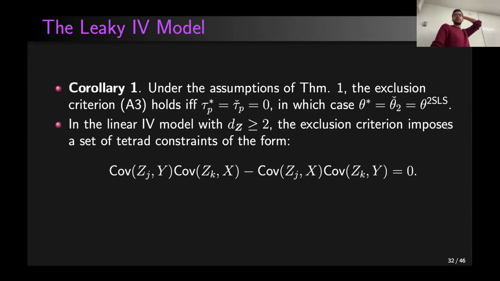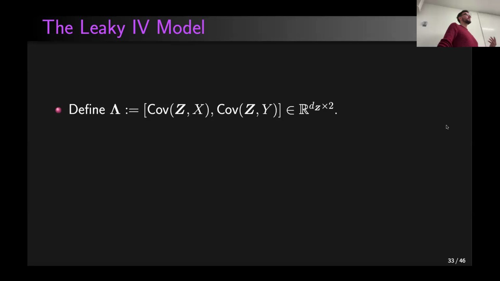So this is a well-known thing we're exploiting here, and that is that in the linear IV model with at least 2 instruments, the exclusion criterion imposes a set of so-called tetrad constraints. And this just holds for every pair of non-identical Zj, Zk. This is what's called a tetrad constraint, when these covariance parameters cancel out. This now has testable implications.